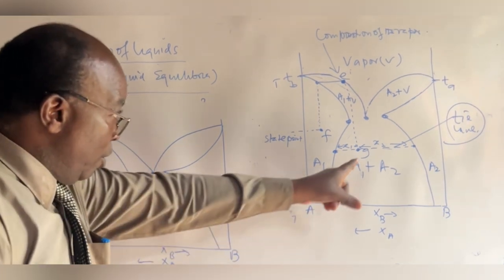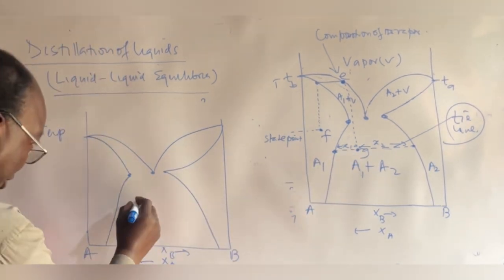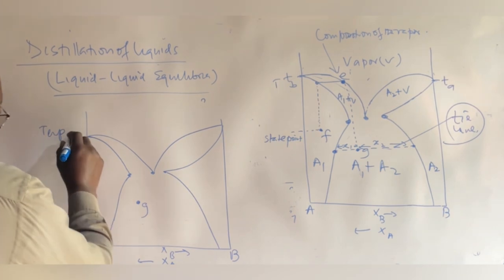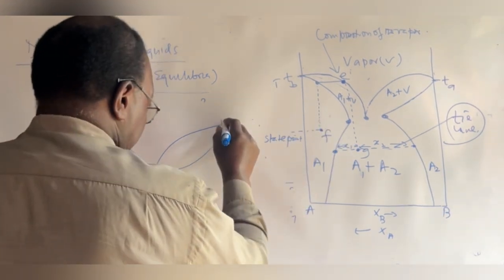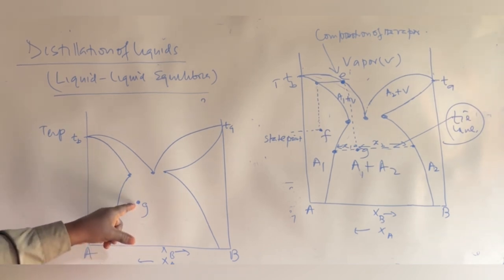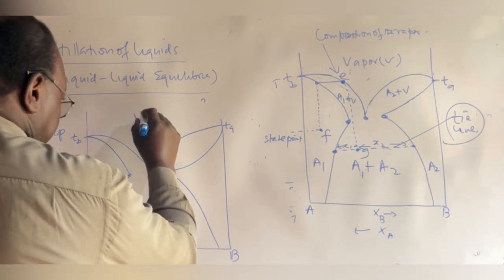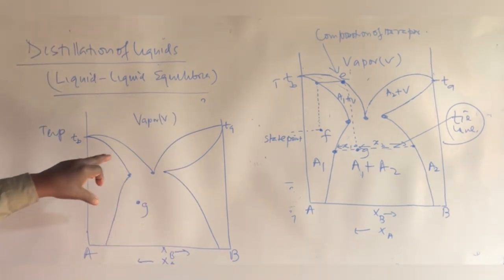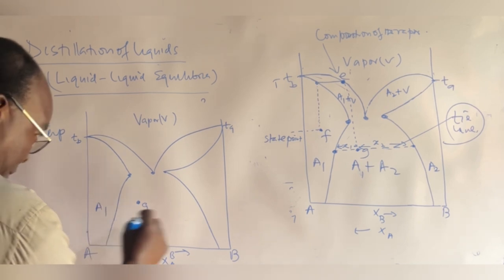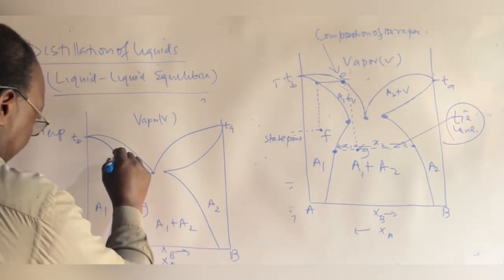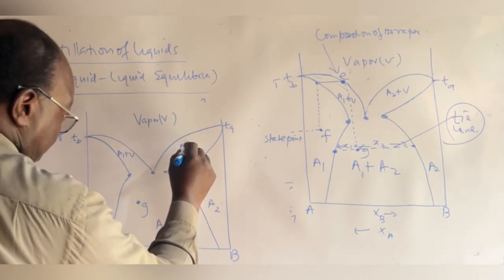Now, we have our state point, let's call it again G here, and our temperature still remains. Let's mark that as TB, and that one as TA. Remember, that's 100% B, 100% A. This is, of course, vapor. And we have A1, A2, A1 plus A2, and of course, A1 plus vapor, A2 plus vapor.